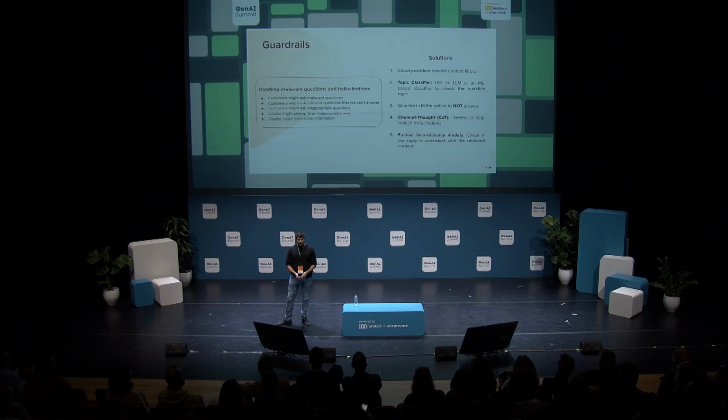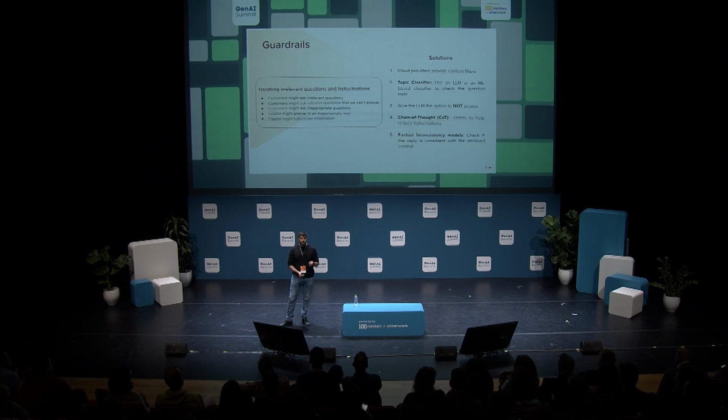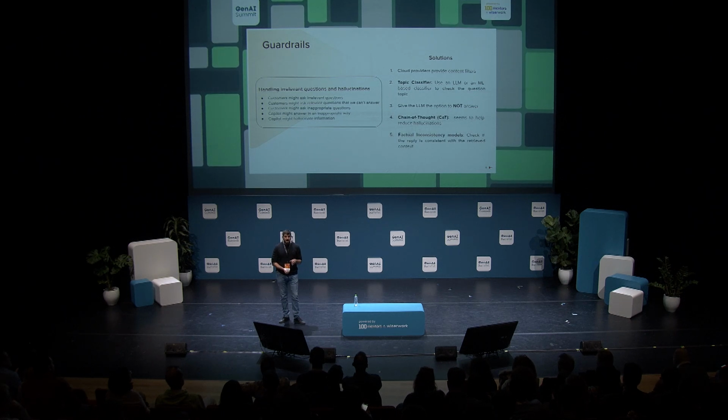Then you can also use a specific model to classify the input and decide how you're going to handle it, either with traditional LLMs or even with a specific ML model. You can also, for the hallucination issues, give the LLM the option to not answer, which is always important, because otherwise it's always going to try to provide something that looks lifelike and correct, and it's not.